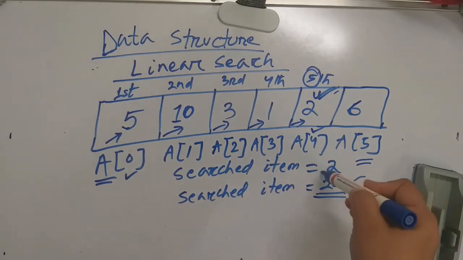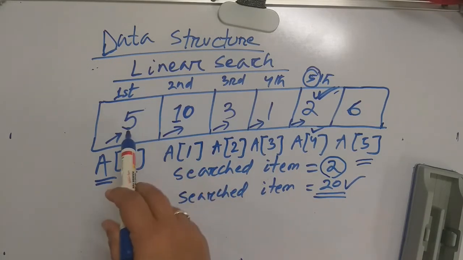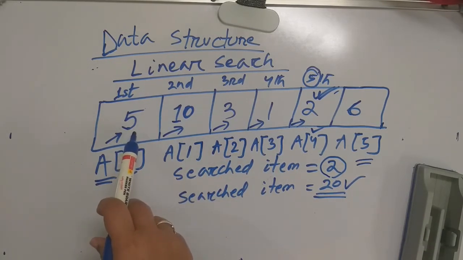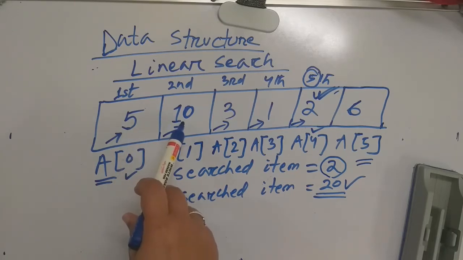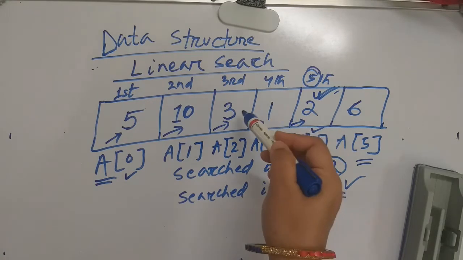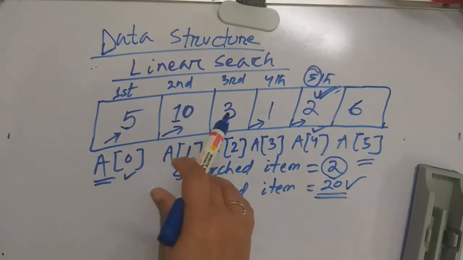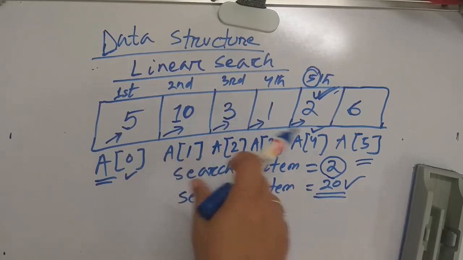Okay, we search for the 2, and we check whether 5 is equal to 2 or not, 10 is equal to 2 or not, 3 is equal to 2 or not. Why are we writing equal to? Because we compare whether the item is equal to the searched item or not. So 3 is equal? No. 1 is equal?